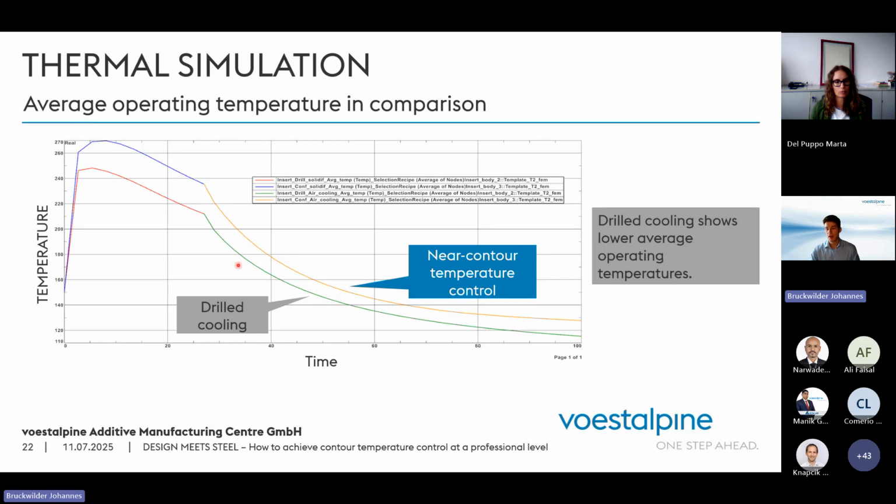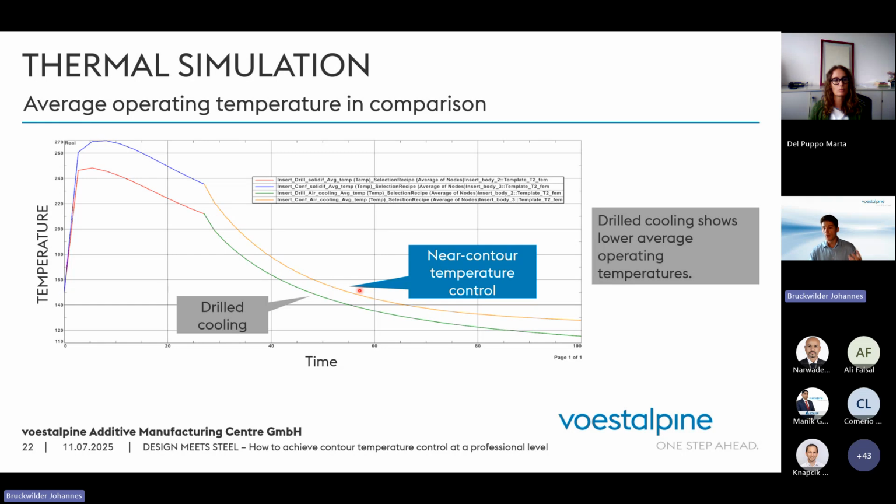Even with drilled cooling, the average temperature is colder than with the near contour temperature control. That's okay, because the near contour temperature control takes the energy out where it appears. So close to the contour, where you get a lot of heat impact, there you get it out.